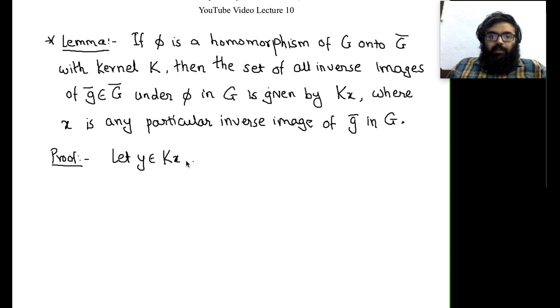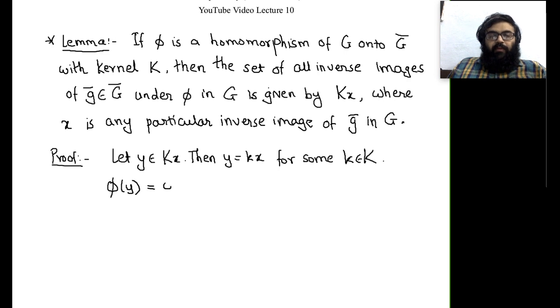So let y belong to Kx. Then y can be written as kx for some k in K. What is K for us? K is the kernel. And then what is phi of y? Phi of y is the same as phi of kx. Because phi is a homomorphism, this is phi of k times phi of x. What is phi of k? K is in the kernel, so phi of k is E bar. What is phi of x?